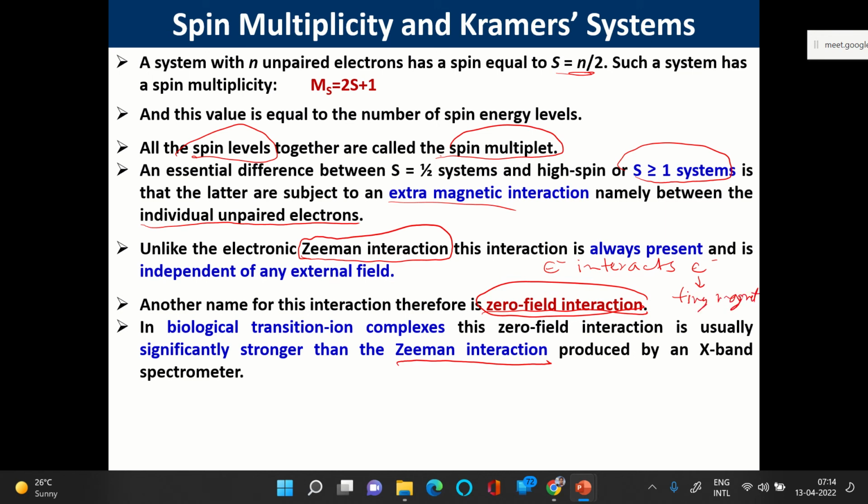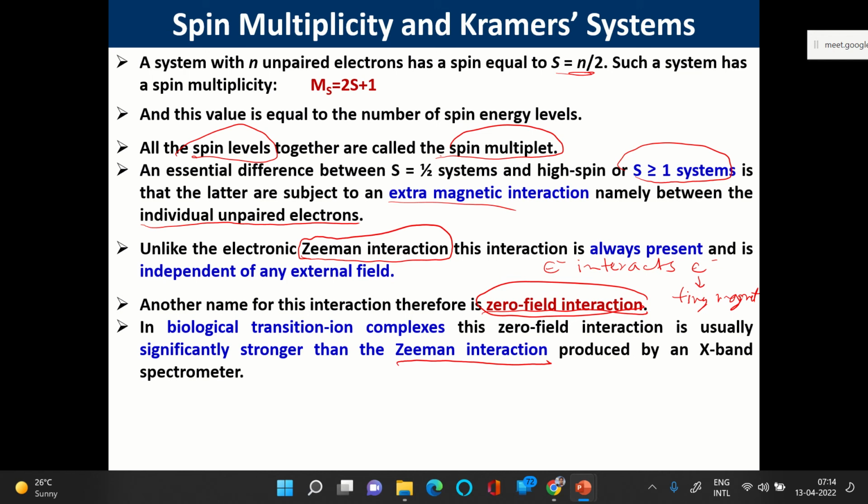Any electron has a spin, and because of the spin, it will have a magnetic moment. A magnetic moment is a property of a small magnet, a magnetic dipole. I told you that an electron is also a magnetic dipole.